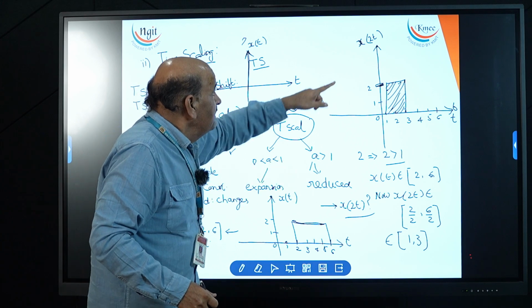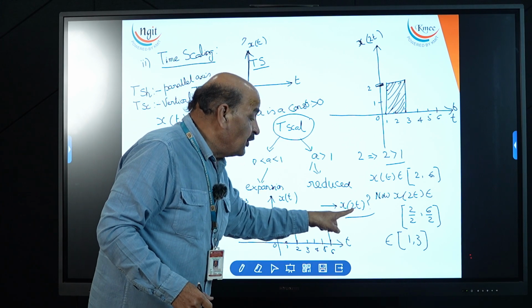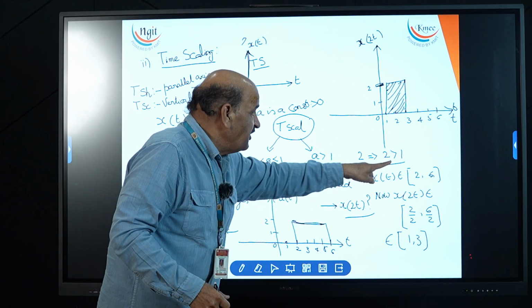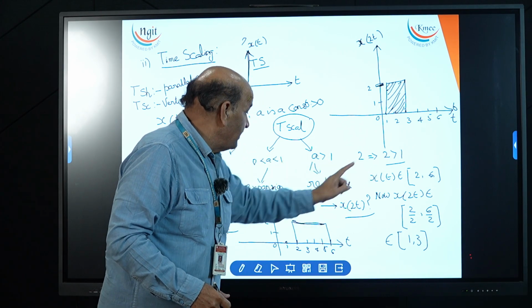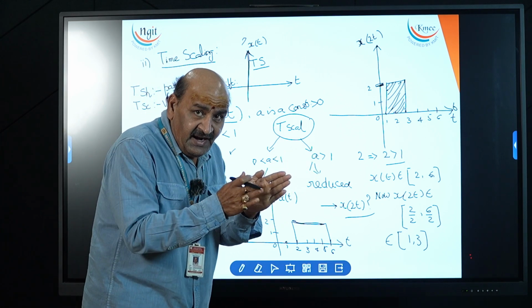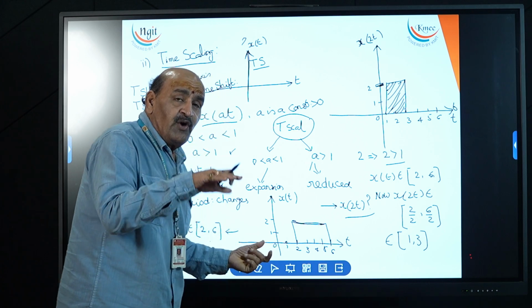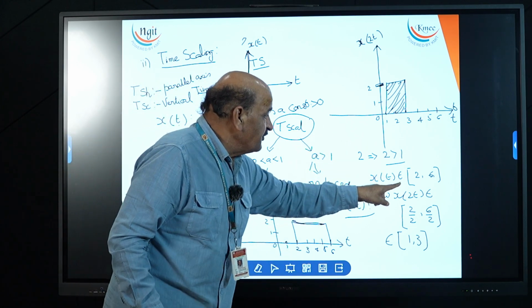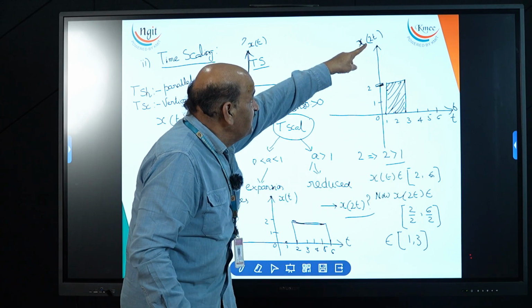Here they asked what is x of 2t. 2t means 2 is a number, numeric number. That number is greater than 1. 2 is greater than 1. So greater than 1 means what? The signal will be reduced. With what quantity will it be reduced? Look at the width, 2 to 6. Now 2 to 6 means divided by 2. The factor is what? 2.